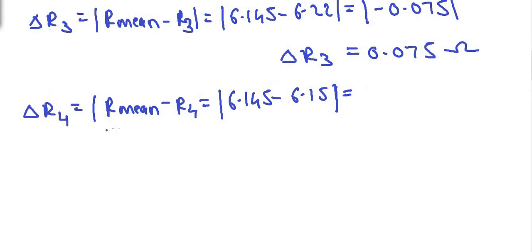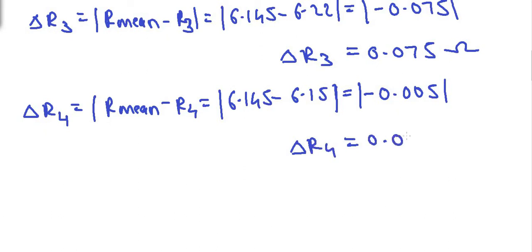Delta R4 equal to mod of R mean minus R4, that is equal to mod of 6.145 minus 6.15, that is equal to modulus of minus 0.005. Now once again, due to the modulus sign, we will have to remove the negative sign, and so we get delta R4 is equal to 0.005 ohm.